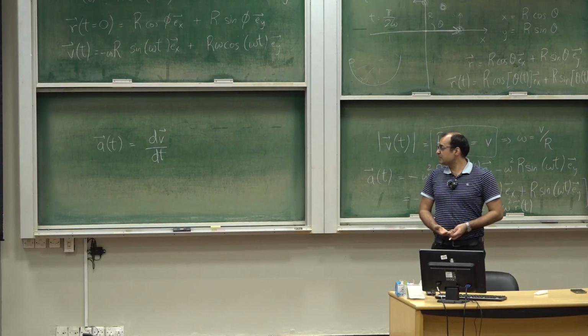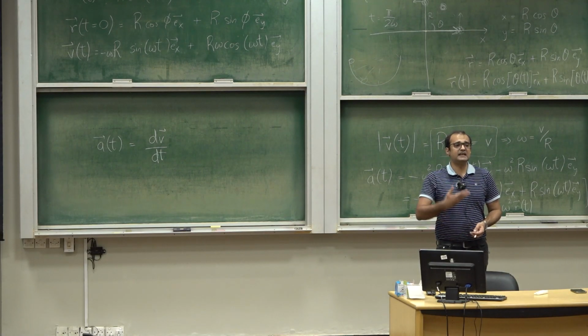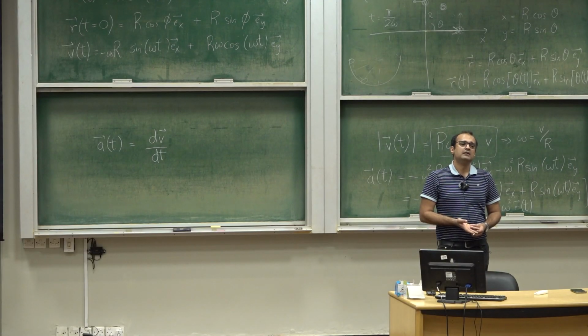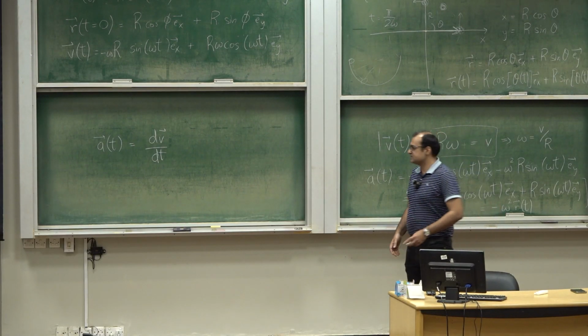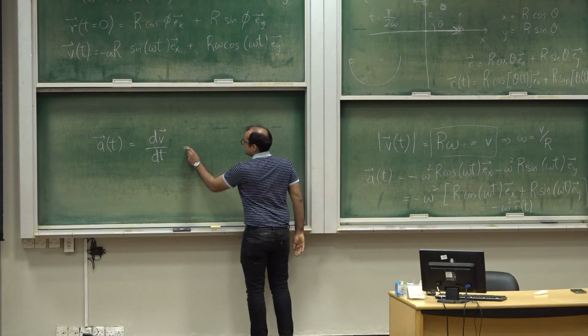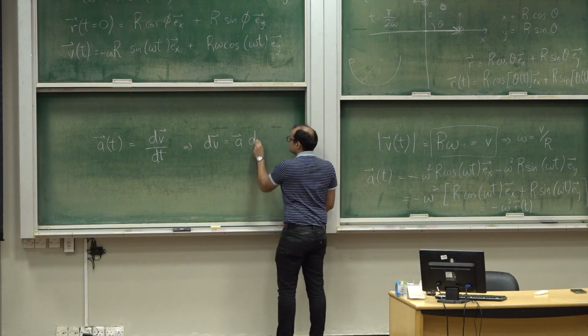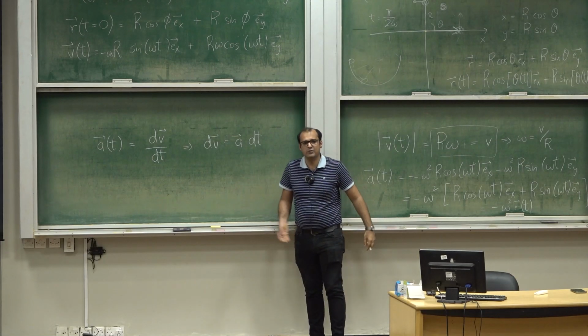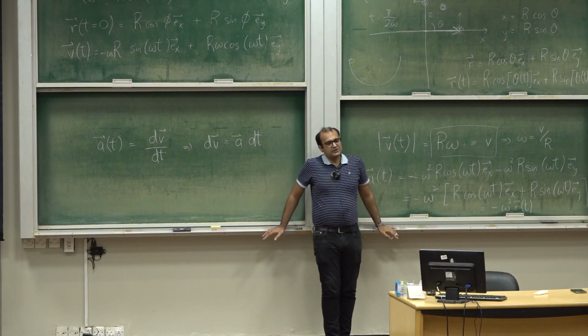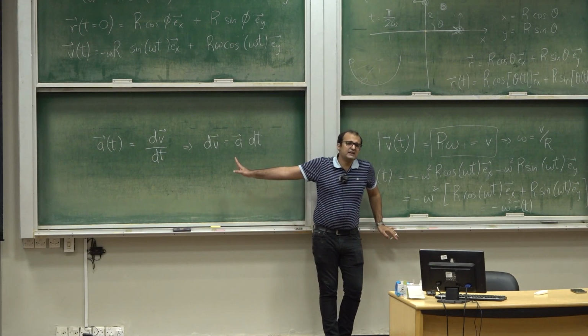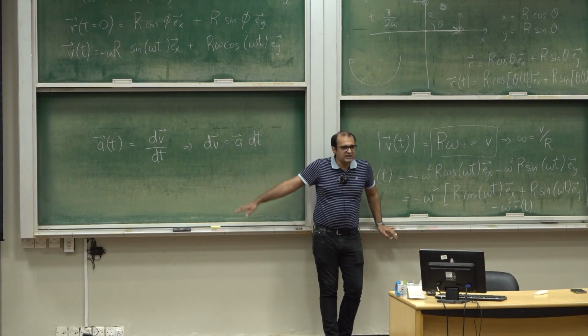This equation can be interpreted as giving you a recipe to relate a small change in something to something else, in this case acceleration multiplied by the time interval gives you the change in the velocity vector. In other words, dv is equal to a dt. We wrote down exactly the same thing for 1D motion, which of course you have never bothered to actually understand, except that there you didn't see any arrows.